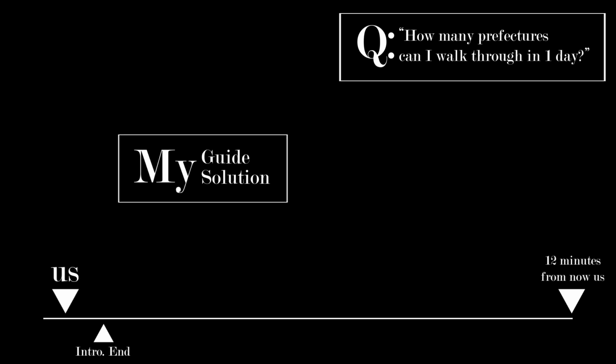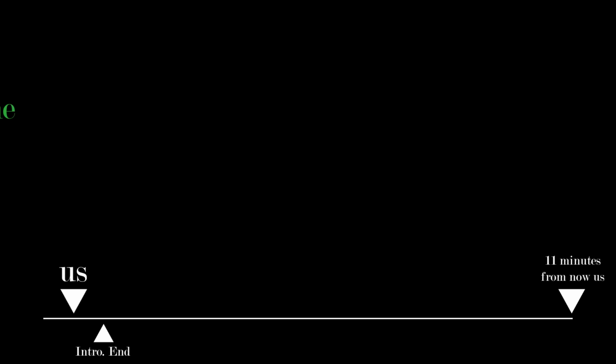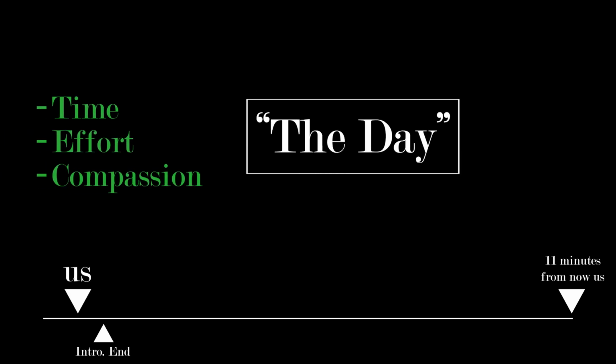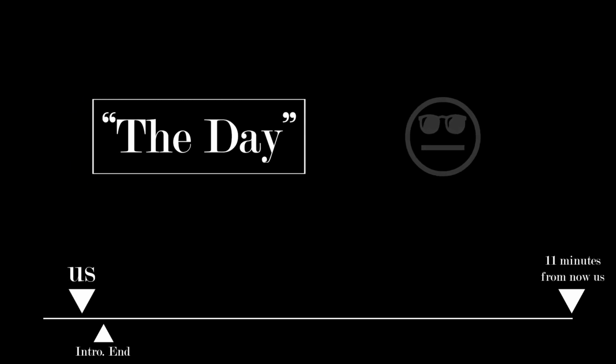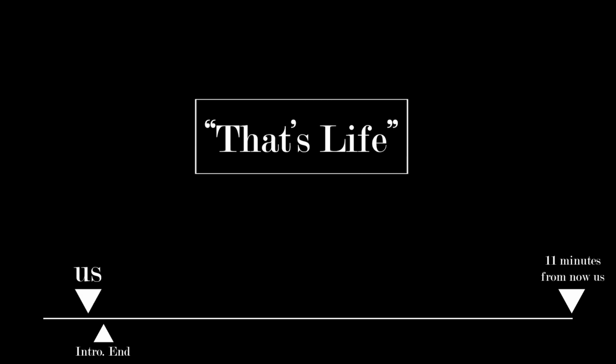My solution may not be ideal or optimal. In fact, it may not even be correct. Really, you can do everything right, and at the end of the day, truly, things might still not work out in the way that you wanted them to. And that's life.